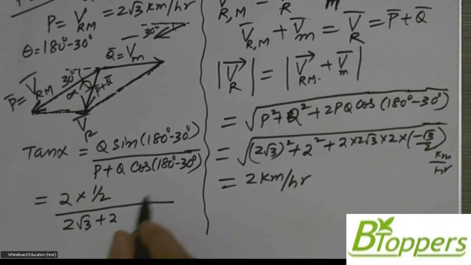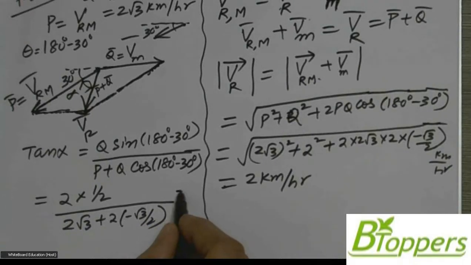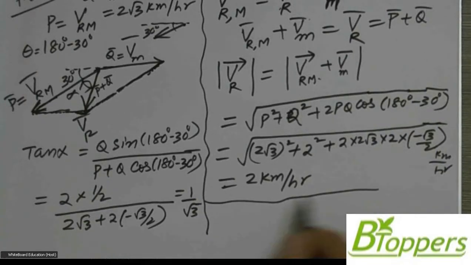Q is equal to 2 km/h. Cos 180 degrees minus 30 degrees will be minus cos 30 degrees. To simplify this, you get 1/√3. So tan alpha is 1/√3. So you get alpha equal to 30 degrees.